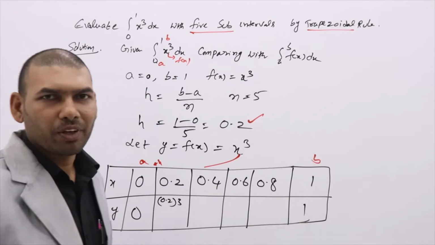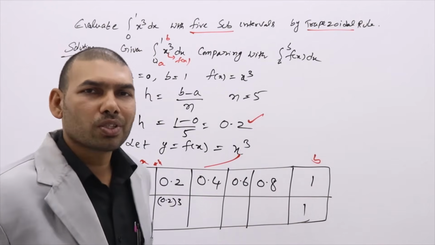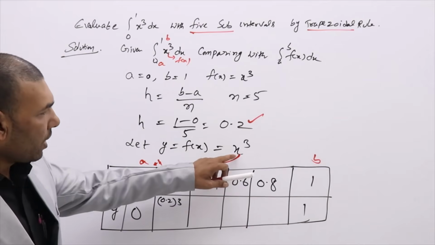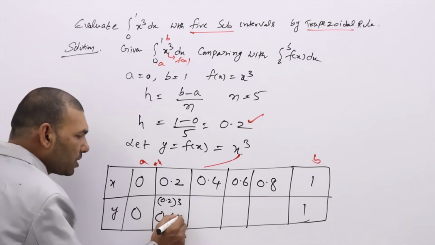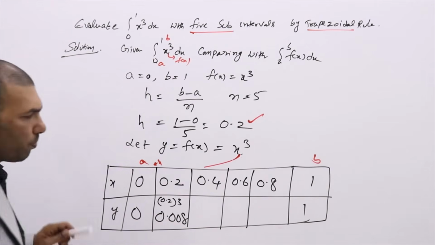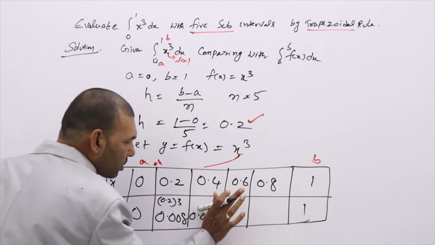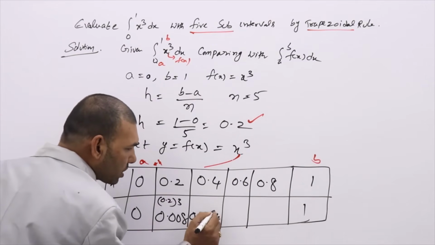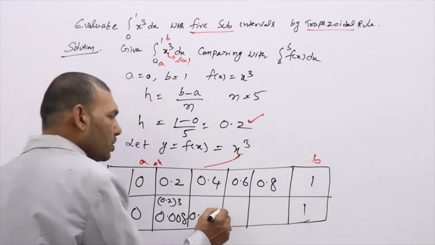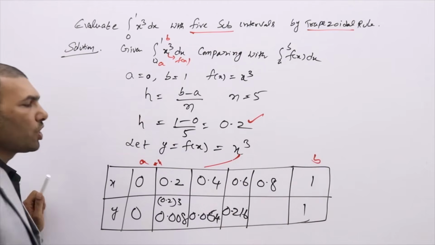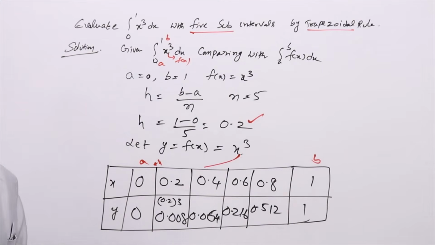Use your calculator; without a calculator, you cannot solve any numerical method. 0.2 whole cube is 0.008. 0.4 whole cube is 0.064. 0.6 whole cube is 0.216. 0.8 whole cube is 0.512. 1 cube is 1.